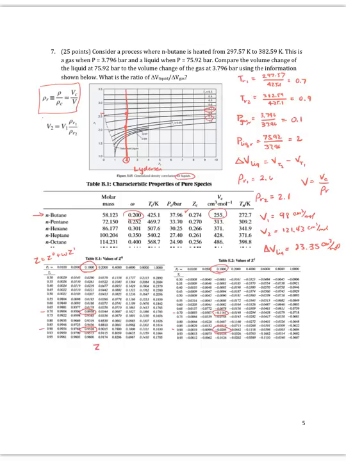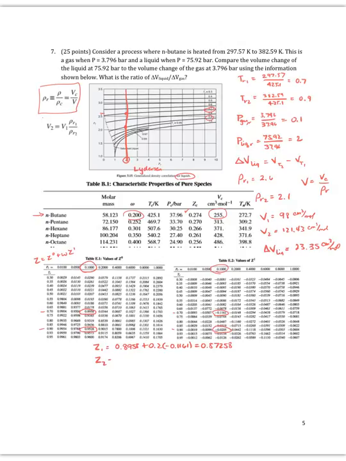So therefore, Z for state 1 is 0.8958 plus 0.2 times negative 0.1161, or 0.87258.